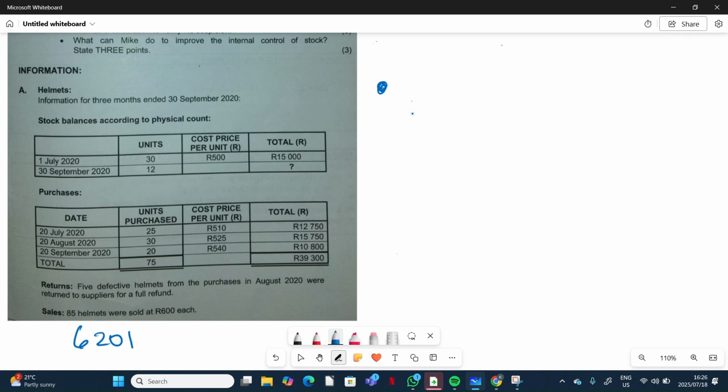Because if one person is working, then they might be stealing. So at least if it's different people, because it's division of duties, they know that the stock won't be stolen like that, since sometimes the staff can be suspects. So those are the things that you can note down right there. I hope that everything was understandable there. So yeah, now let's move on to the next one.